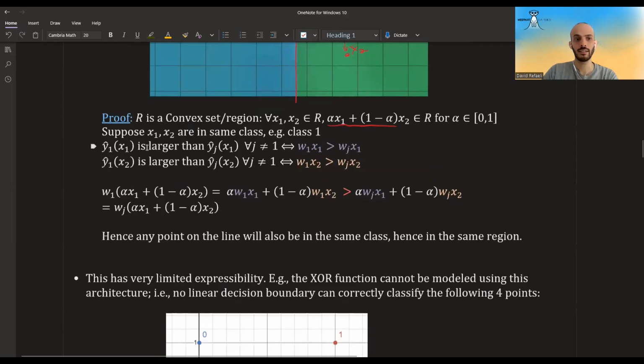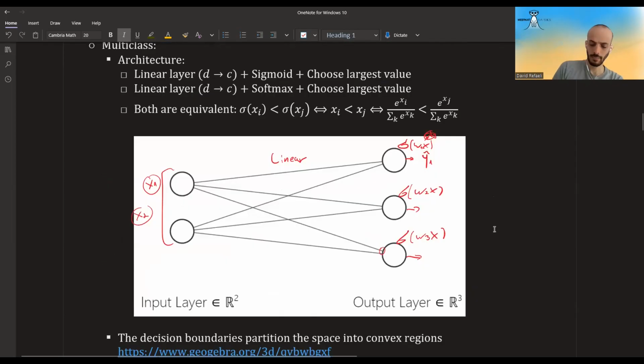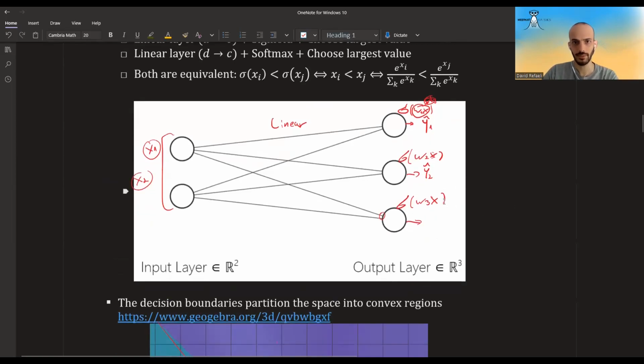So y1 is larger than any other yj, so from y2 and from y3. And so this can only happen if the input to that activation function is bigger than any other inputs. Here we said this is the input to y1, and y1 will only be bigger than y2 hat if w1x is bigger than w2x, plus bias or swallowing the bias into the w's and x.